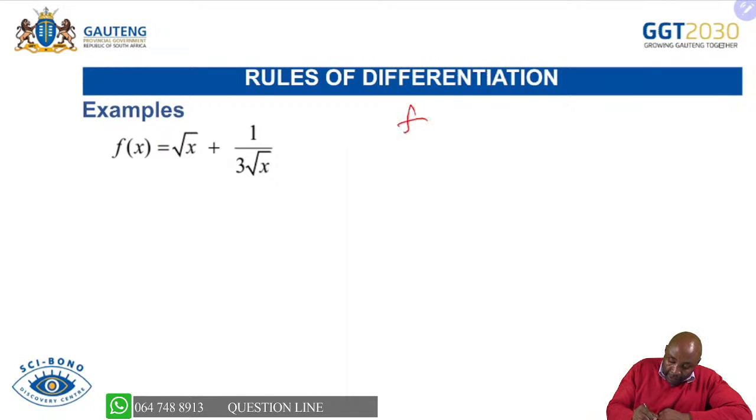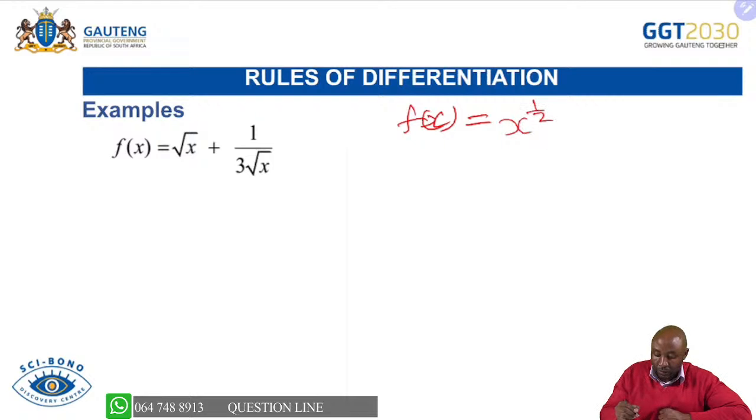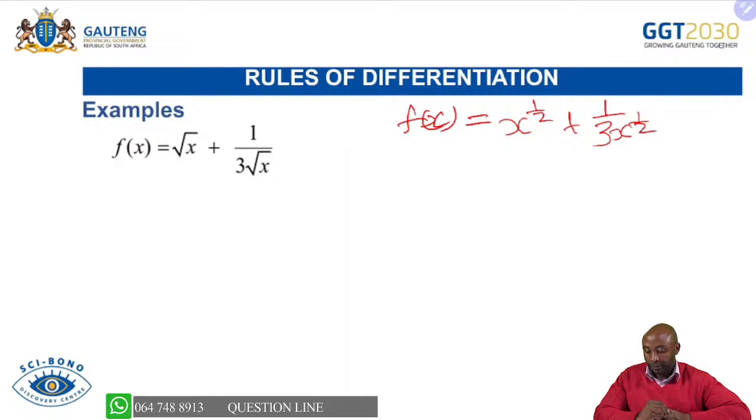So I can write my f of x, square root. I know that square root is x to the power 1 over 2, plus 1 over 3 x to the power 1 over 2. Remember, I'm not evaluating the derivative. I'm just manipulating for now.